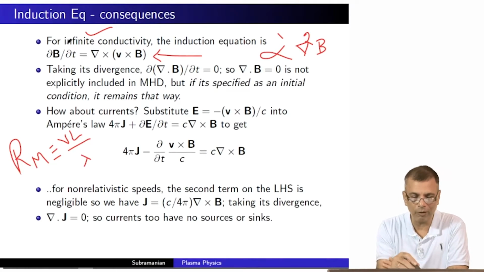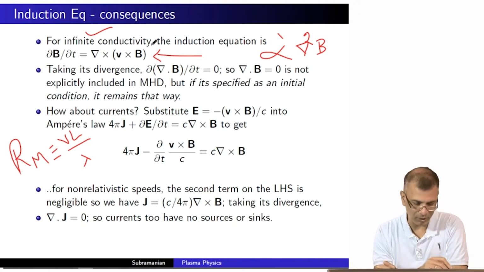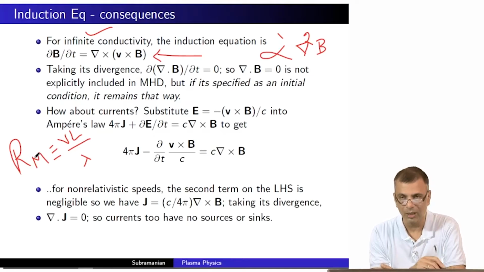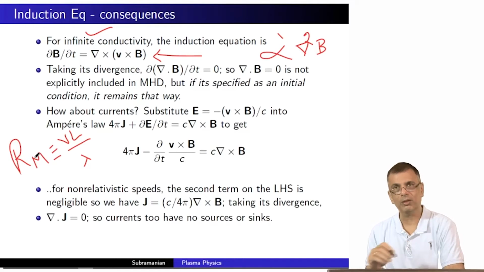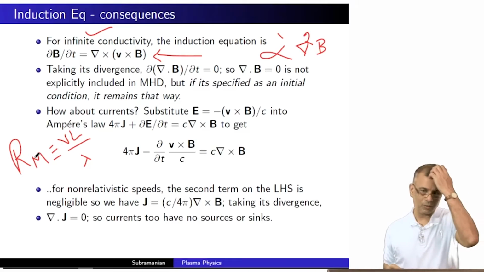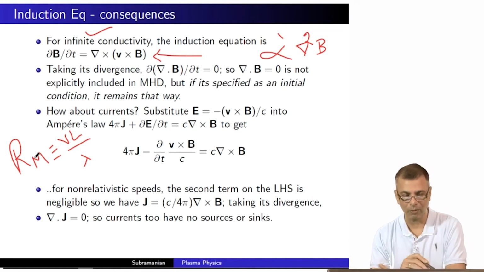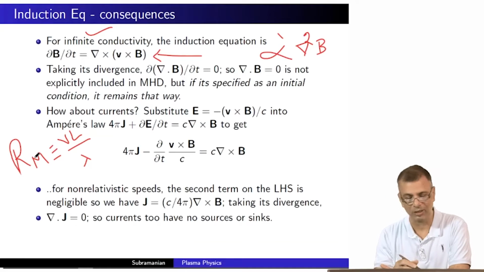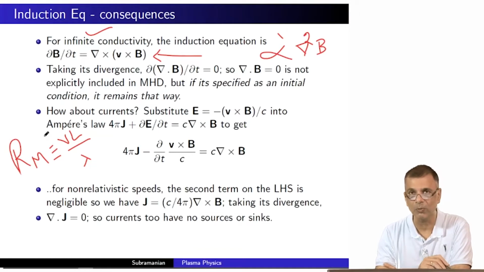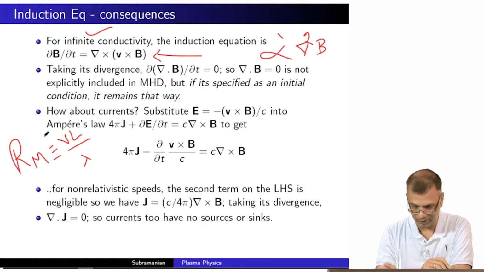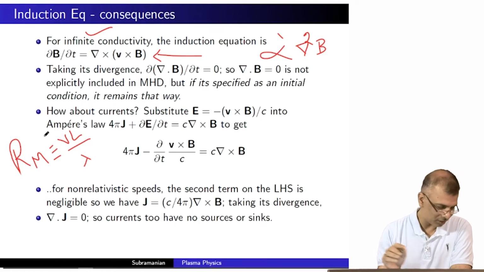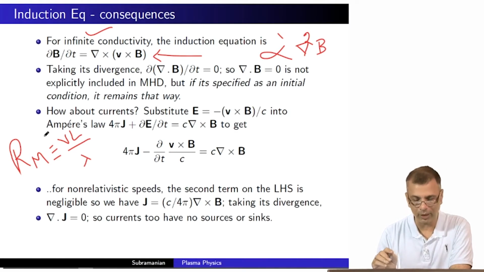So for an infinitely conducting plasma, the magnetic Reynolds number is formally infinite. Whereas for plasmas with a small conductivity, rather large resistivity, the magnetic Reynolds number is small, and in astrophysical situations typically the Reynolds number is very high. Okay, so we discussed all that. That was a very quick recap.